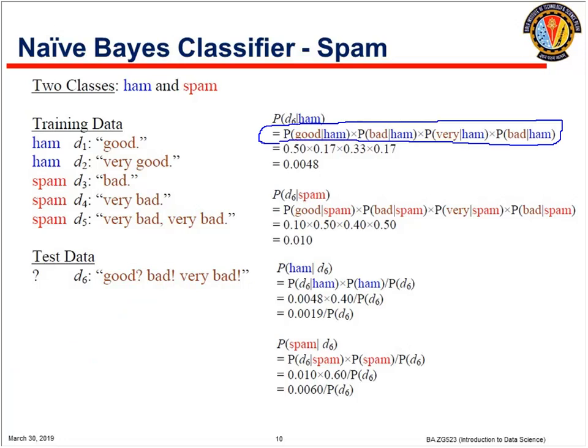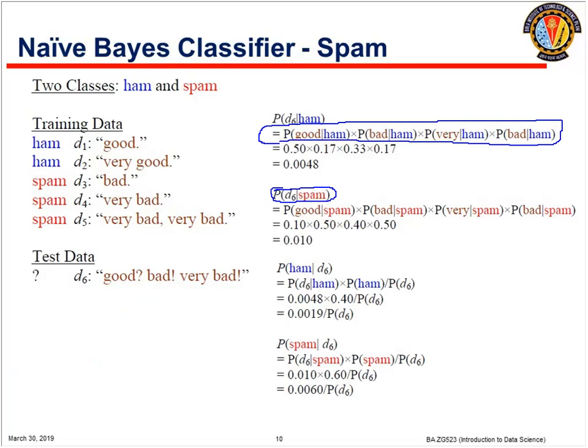So this is the naive assumption. The probability of D6 given ham is the product of the probability of each of the words given ham which are contained in D6. Similarly, the probability of D6 given spam will be the product of the probabilities of each word given spam.